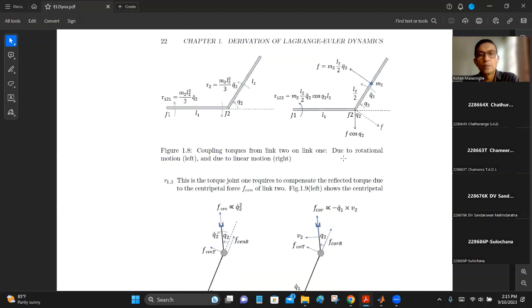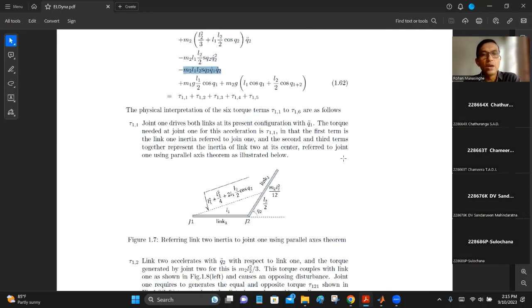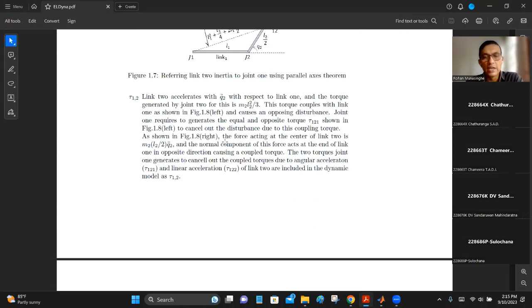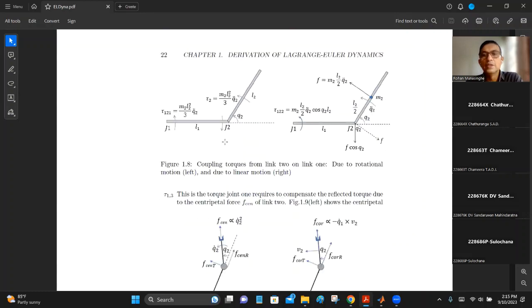So that is why you have the negative term over here. All right. Can you see it over there? You see q1 dot and q2 dot. Because q2 dot is coming from the linear velocity of the second link, right?